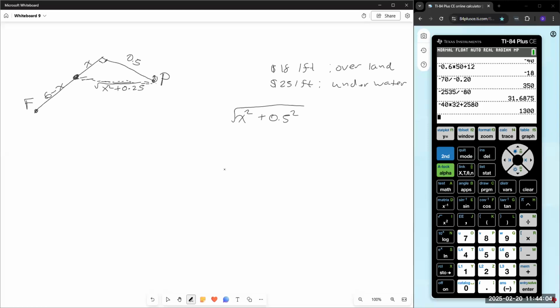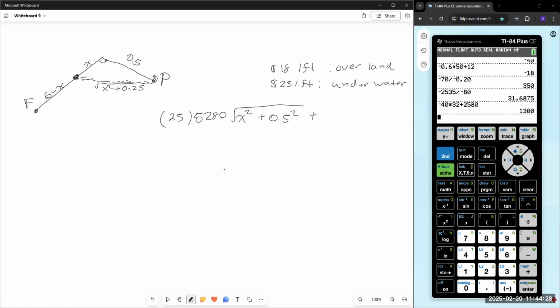go underwater. But I need to change miles to feet because my price is in feet. So there's 5280 feet per mile. So I need to multiply by 5280. And I need to multiply by the cost per foot underwater, which is 25.